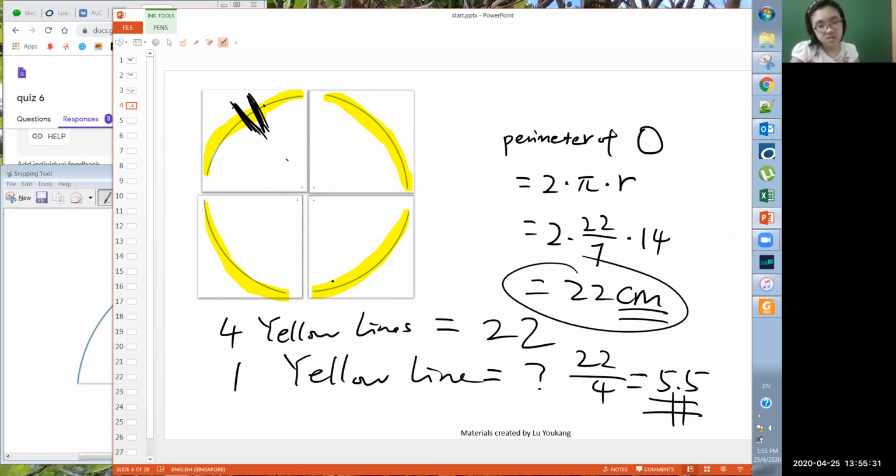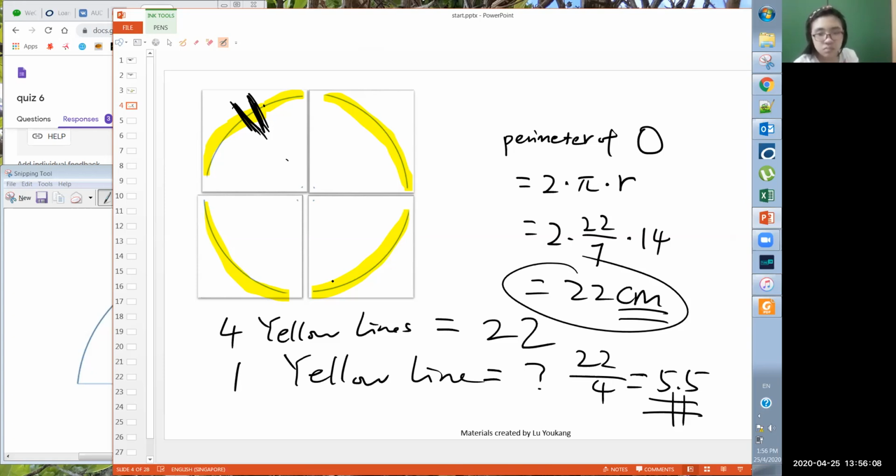The reason is, if you make a full circle with a quarter, it's always 4. Yes, that's why you take the full circle divided by the 4 yellow lines.